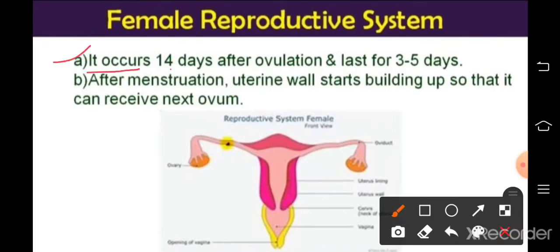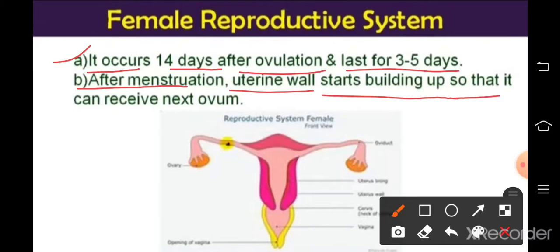It occurs 14 days after ovulation and lasts for 3 to 5 days. After menstruation, the uterine wall starts building up so that it can receive the next ovum. So my dear students, when it gets ruptured, after rupturing it is again prepared for receiving the next ovum.